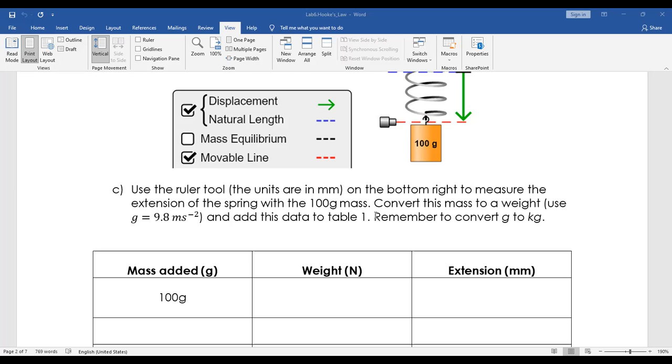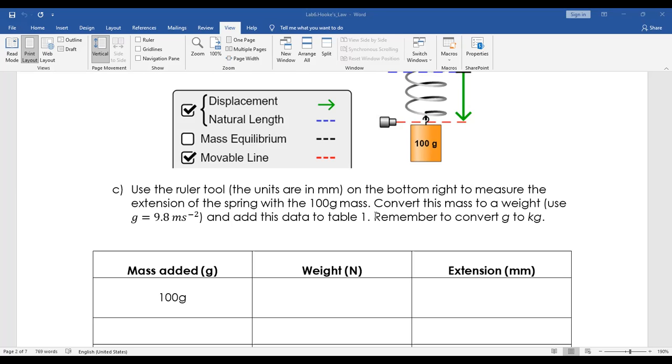Then we can find 0.1 times 9.8 equals 0.98 Newton.